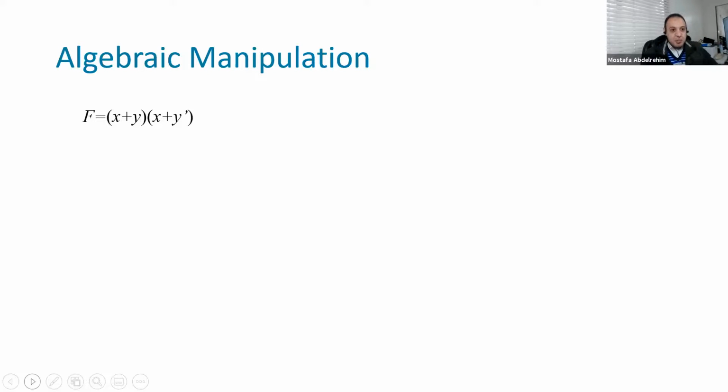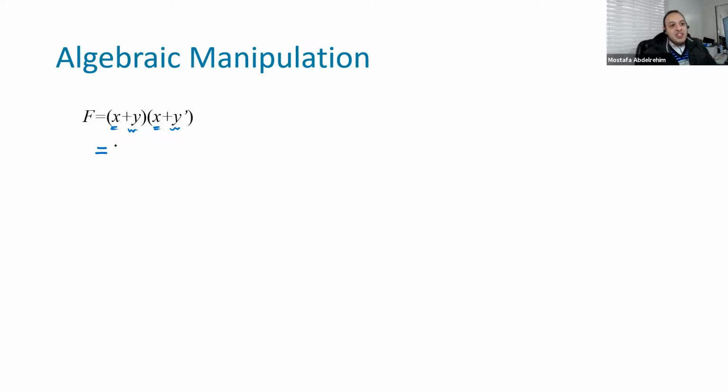Let's have another example. F equals x or y, and x or y bar. So what are we going to do here? If you look, this is a distributive property, but in the opposite way. Here is x and x, a common factor, and here is y and y bar.